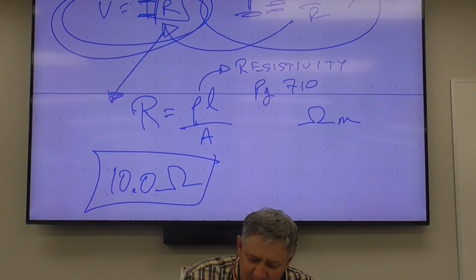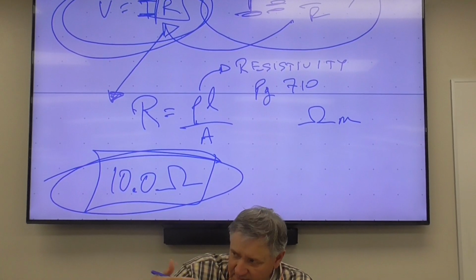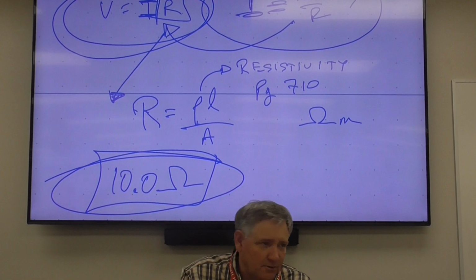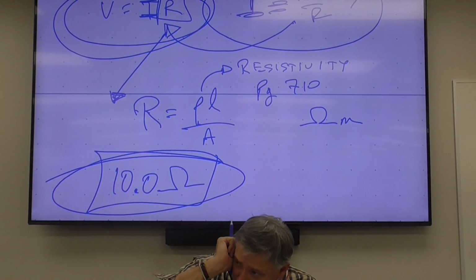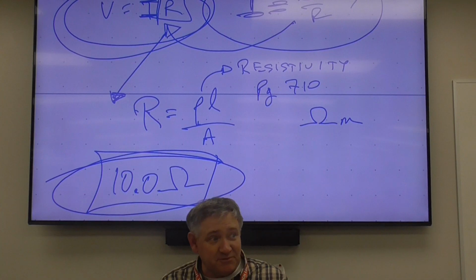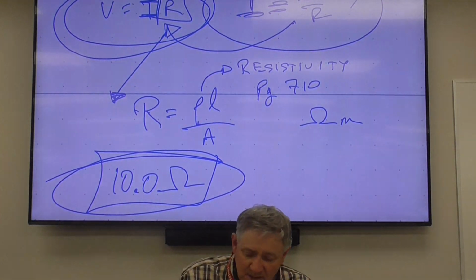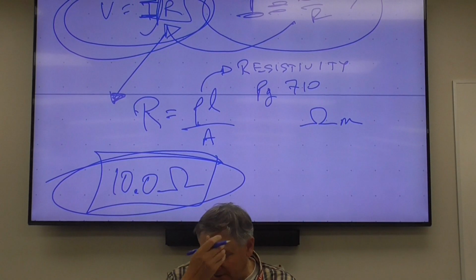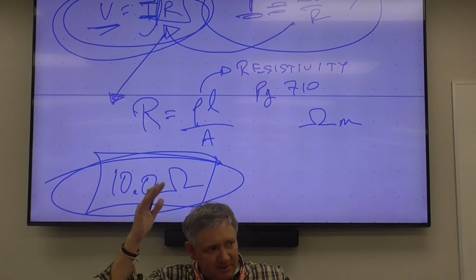So the bigger that number is, all that means is that it's harder to get an electric current to go through it. Back there, I've got a 1,000 ohm resistor, which is really, really big, which means it's really, really difficult to get electricity to flow through it. I is just your current, and voltage is just how much energy there is.